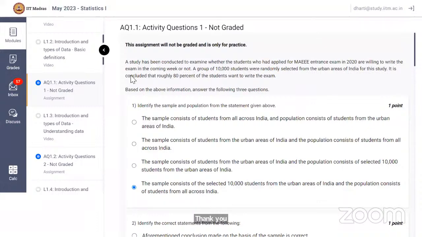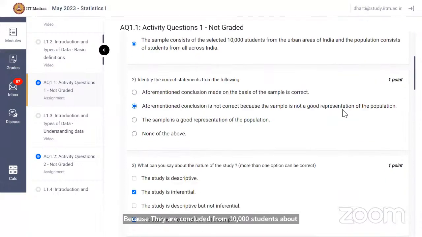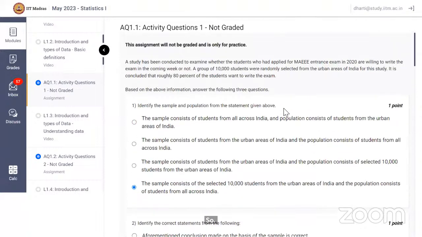A group of 10,000 students were randomly selected from the urban areas. Let me ask what kind of study it is, because they have concluded from 10,000 students about the whole population, right? Inferential.